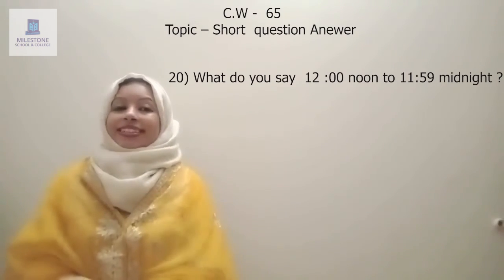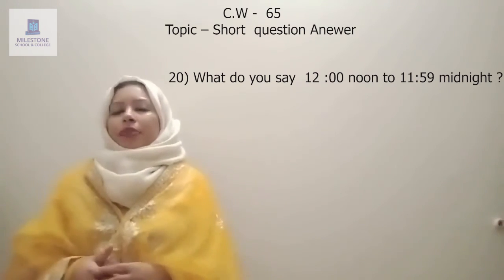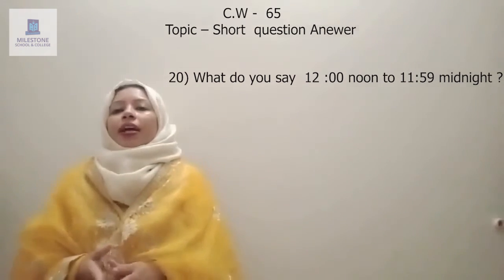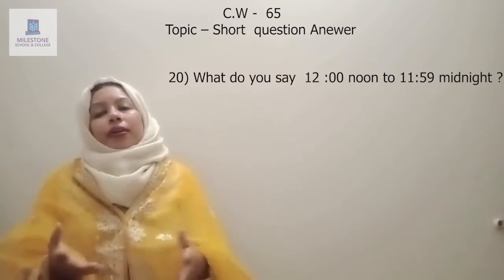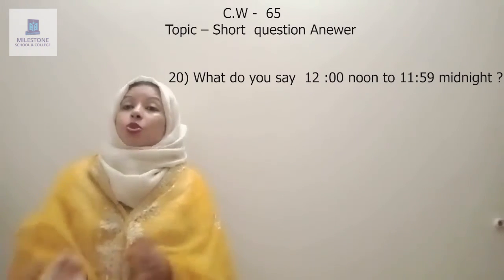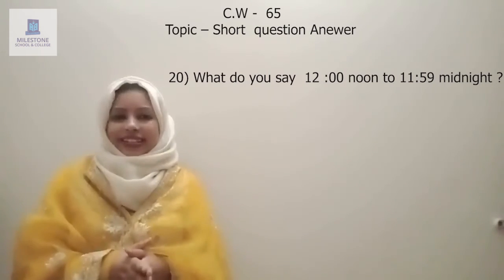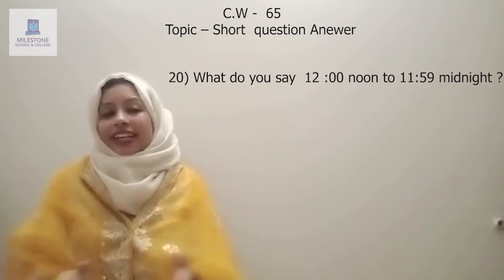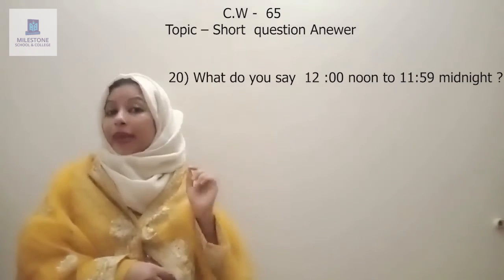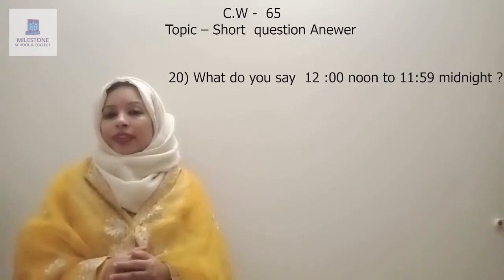So the next question is also time related. That is question number 20, and it is the last question from the short question answer sheet. That is, what do you say 12 noon to 11:59 midnight? In that case, we use the word PM, isn't it, students?